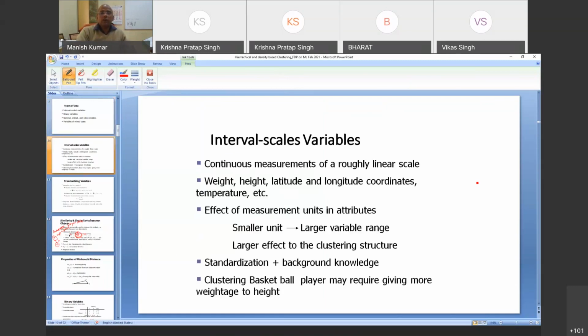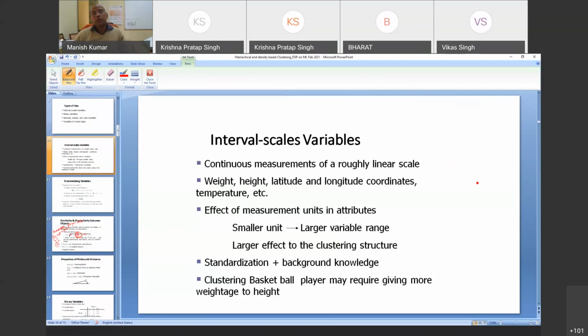Interval scaled talks about continuous measurements on a linear scale, like weight, height, latitude, longitude, temperature, and so on. The effect of measurement units on attributes is very important because, as we just discussed, weight can be given to a particular attribute which has higher importance for clustering.